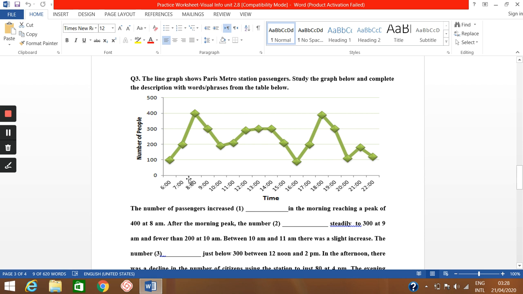You want to see from 6 to 8. We want to describe the change here. Yes, it's an increase, but we want to see in what way this happens.